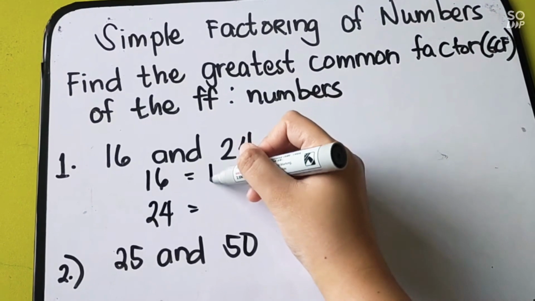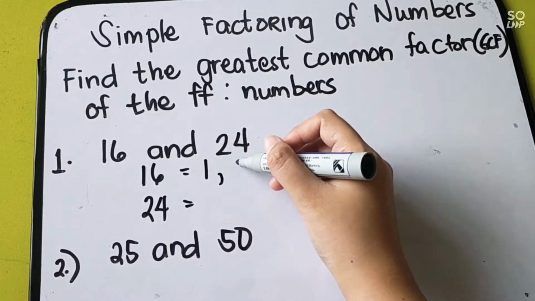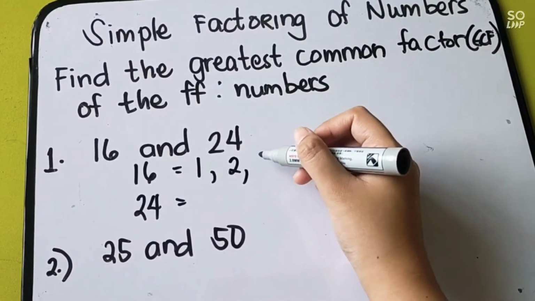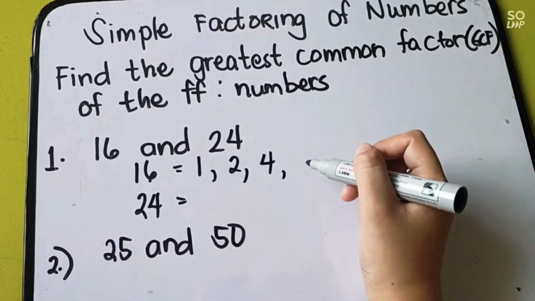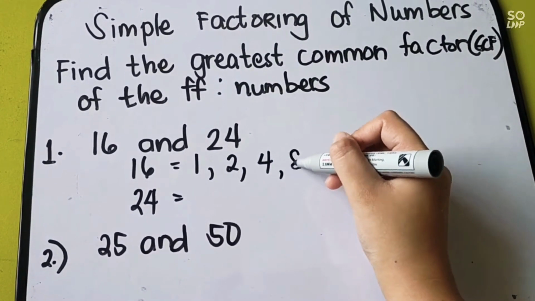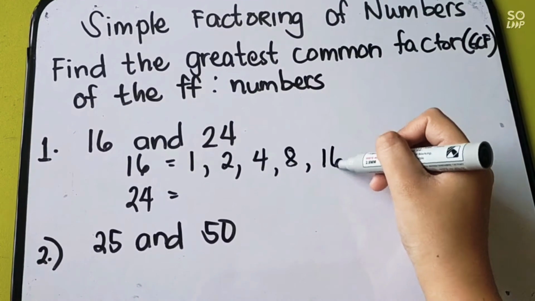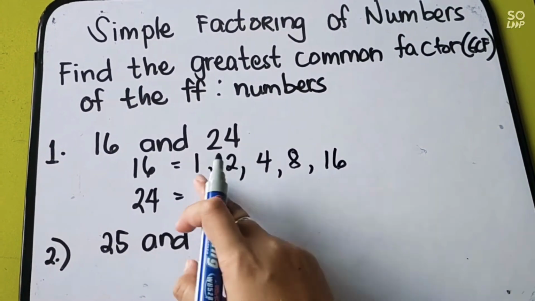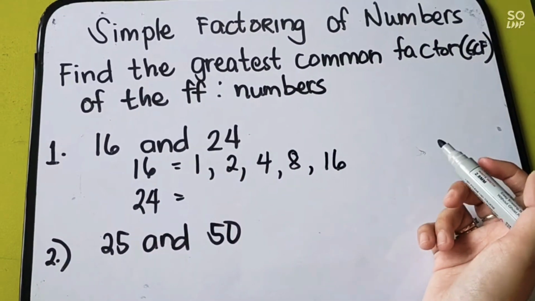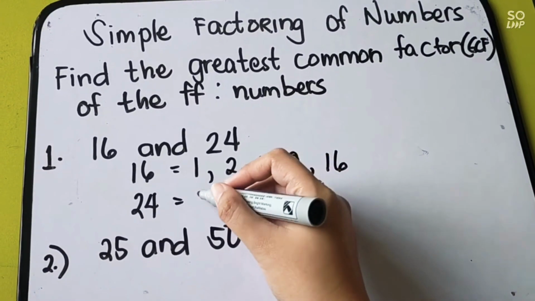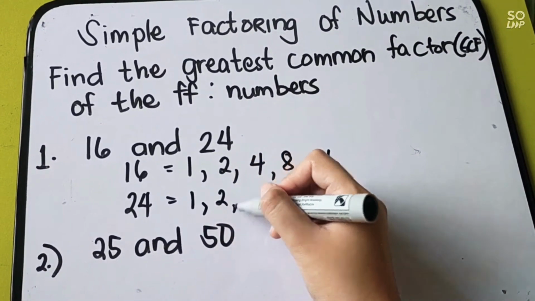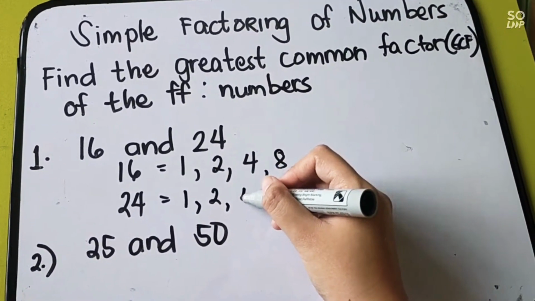So, we have 1. We can divide 1 into 16. 2. What else? We have 4. What else? We have 8. And then we have 16. Those are all the numbers that we can divide into 16. How about 24? We have 1, 2, we have 3.